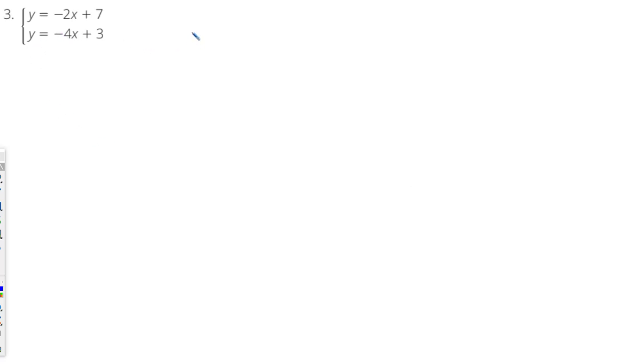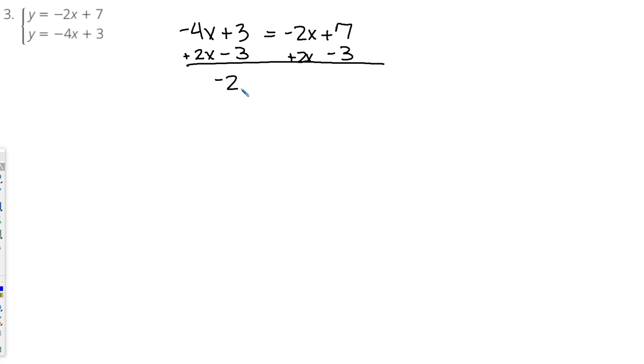And then for the next one, again, set them equal to each other. Negative 4x plus 3 is equal to negative 2x plus 7. Add 2x to both sides. And then subtract the 3. That gives you negative 2x is equal to 4.